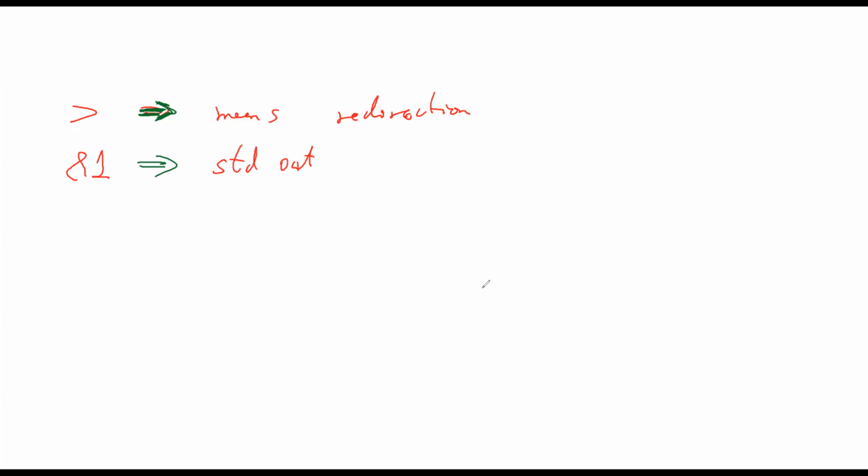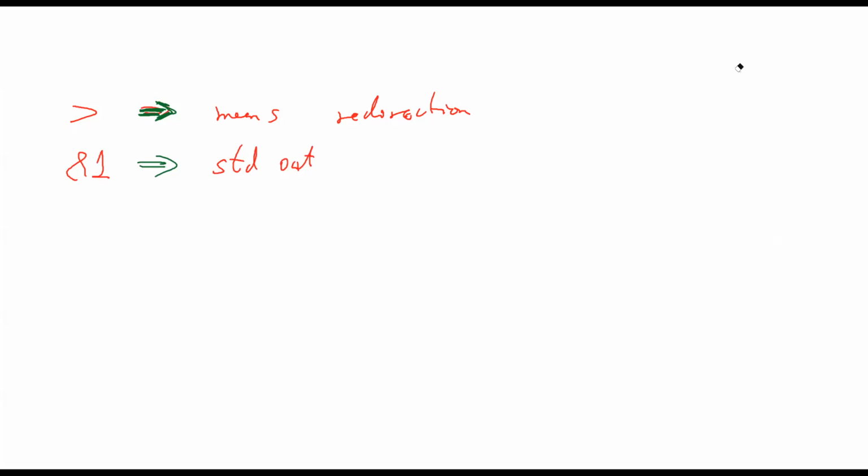Later on in the semester, we will see how we can use standard in and standard out also in a Python script. So it might be that you actually want to get from some process that's running in the background its output, so that then you can use it in your own script. And you can chain these, so that you redirect from one to the other, pipe from one to the other.